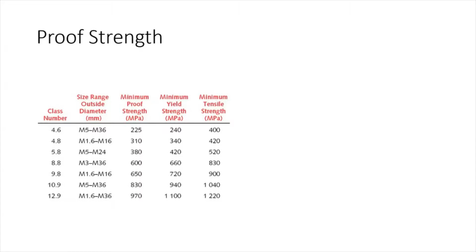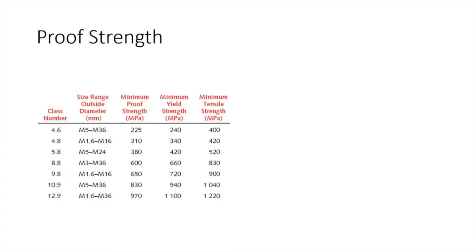The proof strength is the quotient of the proof load and the tensile stress area. The proof strength thus corresponds roughly to the proportional limit and corresponds to 0.0001 inch permanent set in the fastener, which is the first measurable deviation from elastic behavior.